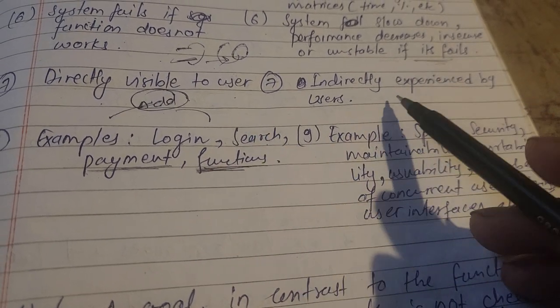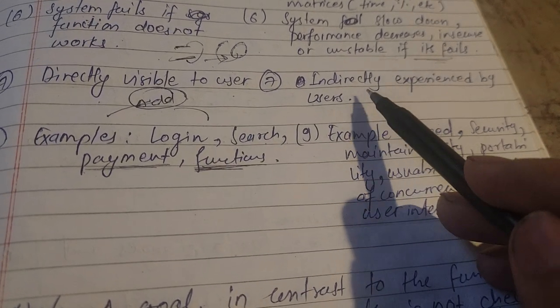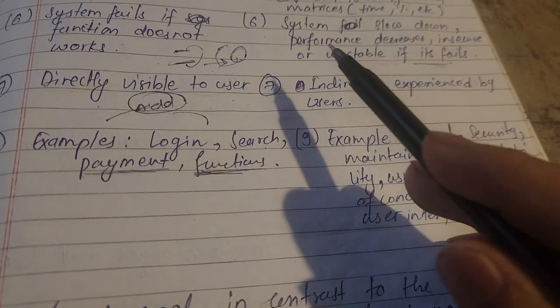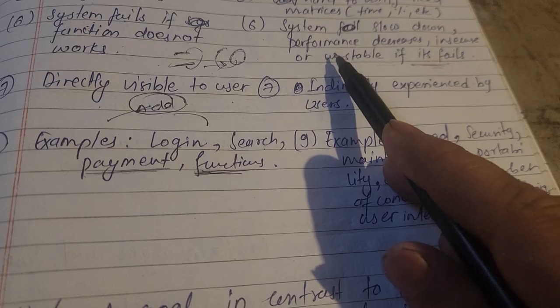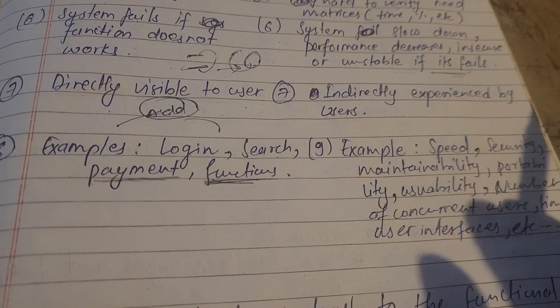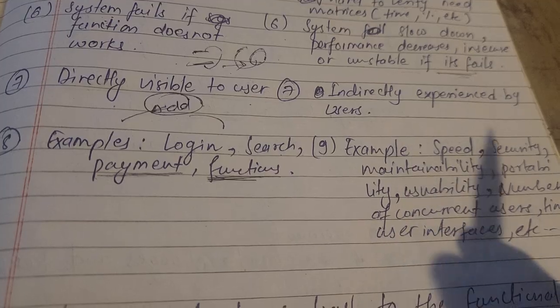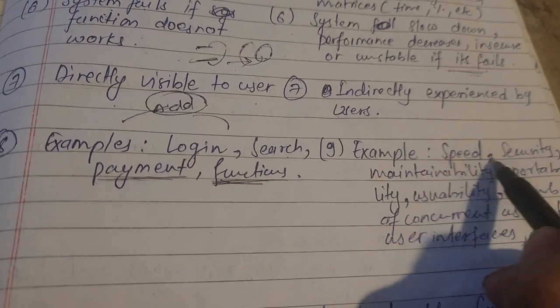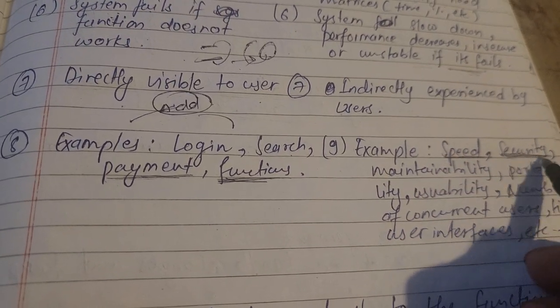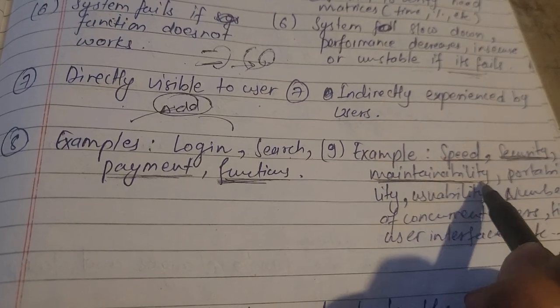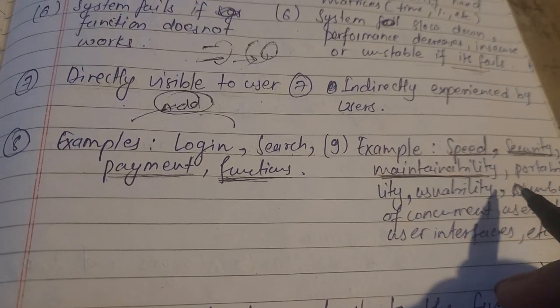Non-functional requirements are not visible but can be experienced, like the performance, like how efficiently the work is being done, how fast it is, how much security it provides, and whether we can maintain it or not.